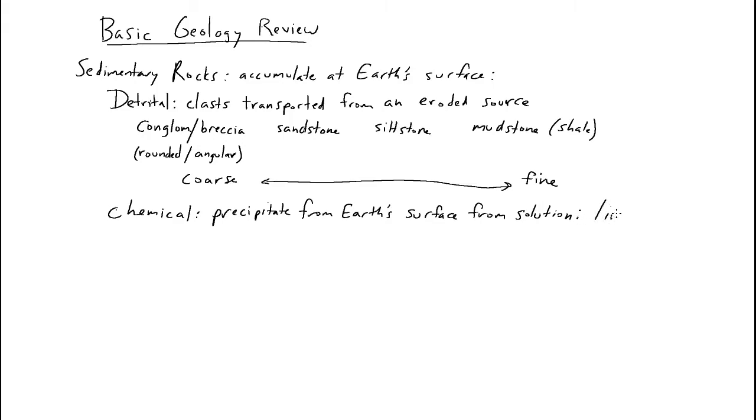So this is limestone, dolostone. Dolostone is like limestone, except it has a little bit of magnesium. Chert, which is silica, and evaporites. So, for example, gypsum is an evaporitic mineral, or salt, table salt.